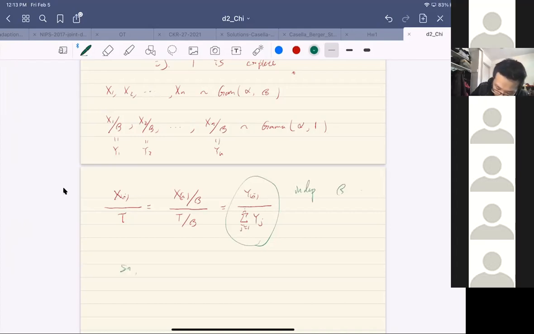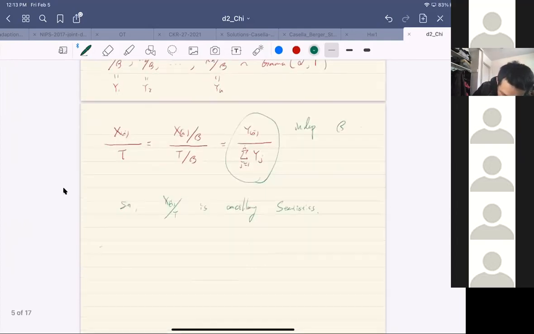So Si divided by t is an ancillary statistic, so we can apply the Basu theorem.